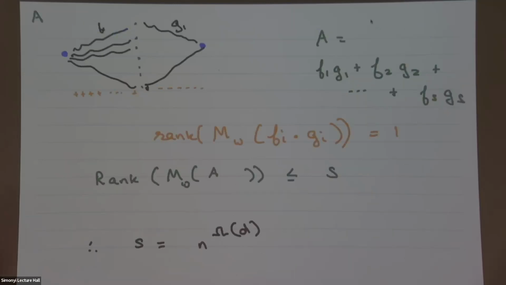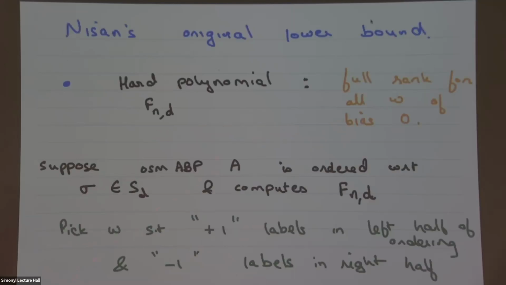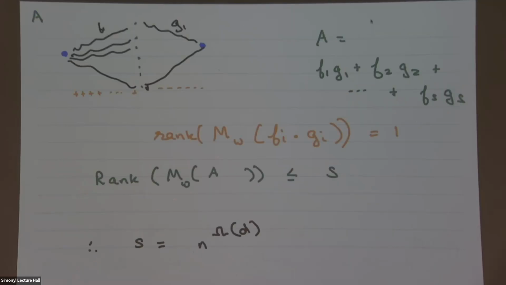I'll take the first D over 2 layers and make it the positive set, and I'll take the next D over 2 layers and make it the negative set. So your ABP looks like this, and I cut it along the middle, and all the variables that come to the left are the positive set, everything that comes later is the negative set.